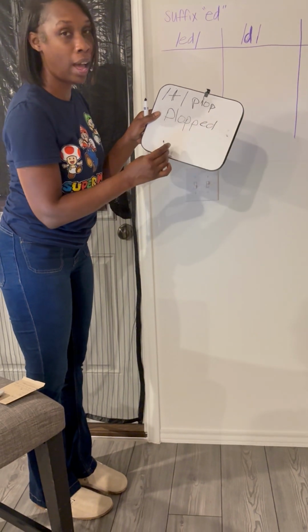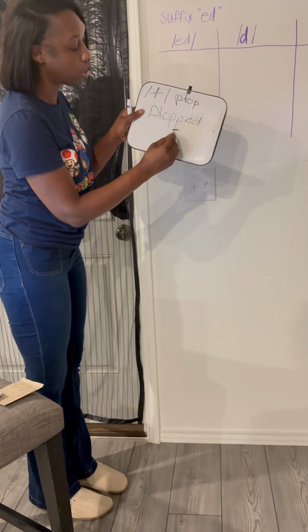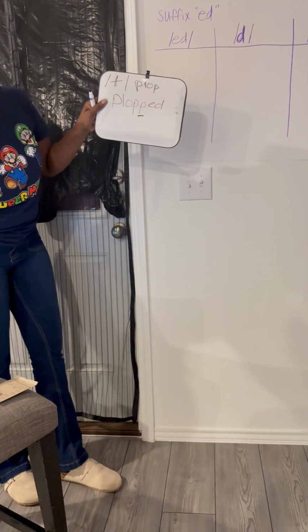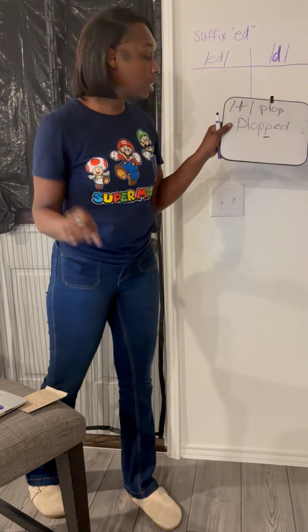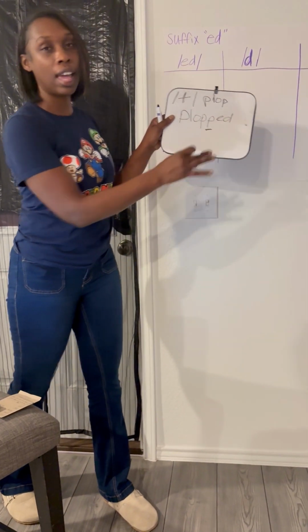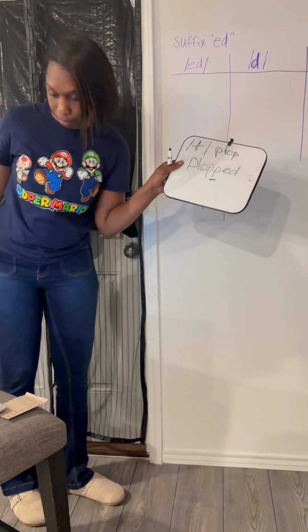But to get my suffix to be past tense, I had to add an extra consonant. So when the base ends in an unvoiced consonant, you have to add it to make that ending. Okay?